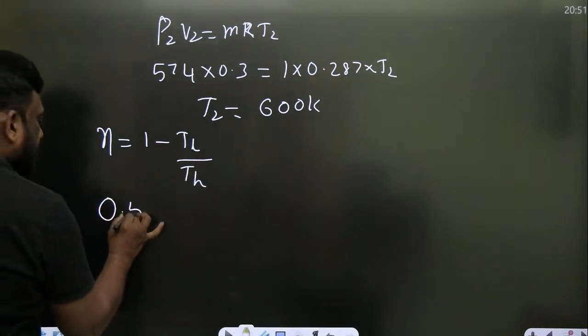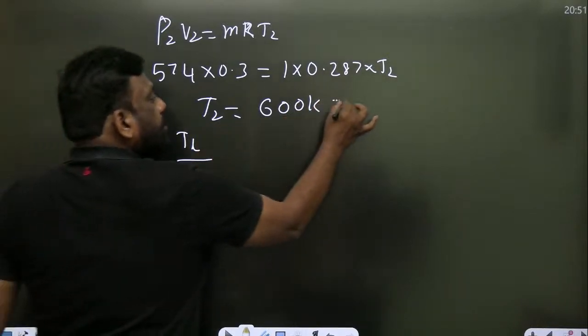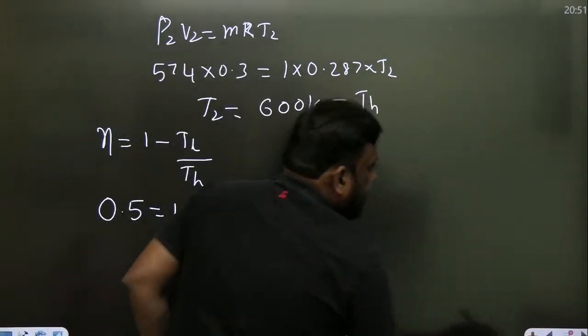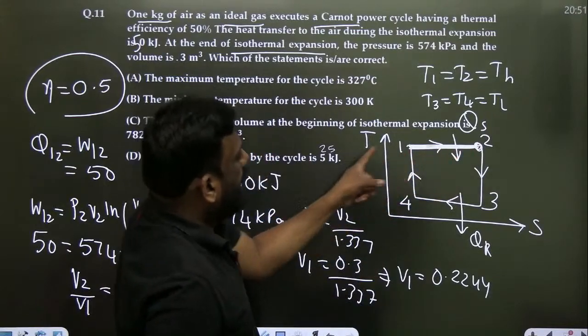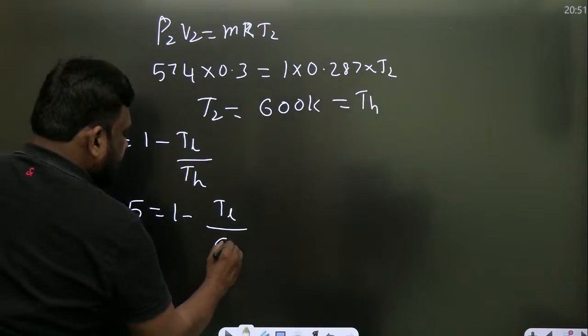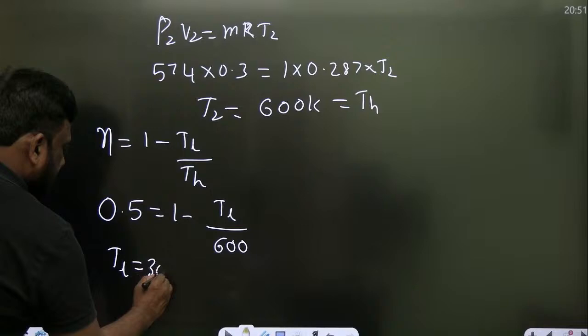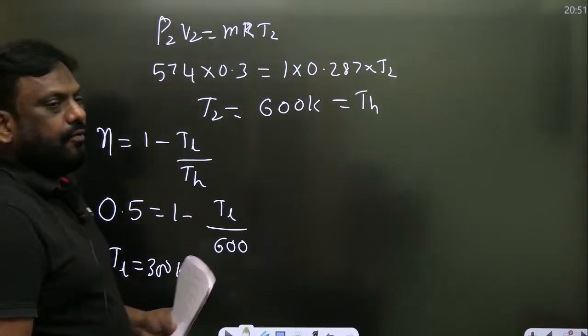Efficiency is 50%. 1 minus the lower temperature I don't know, but T2 is also higher temperature. So therefore now higher is 600. Can you give me the value of T lower sir? 300 Kelvin. Wonderful sir. Lower temperature आ गया.